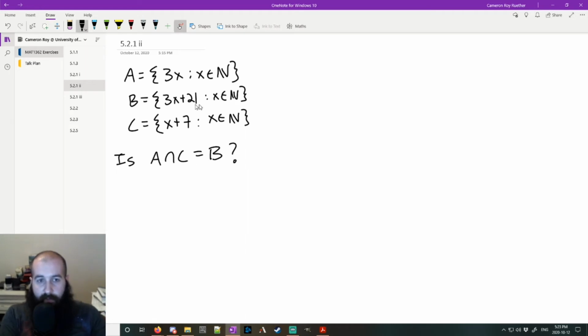And we're asked if this is the same as B. However, as we saw last time, the elements of B are all strictly greater than 21, and there are multiples of 3 which are greater than 7 but less than 21. For instance, 15. Therefore, there will be an element in A intersect C which is not in B, and so these are not equal.